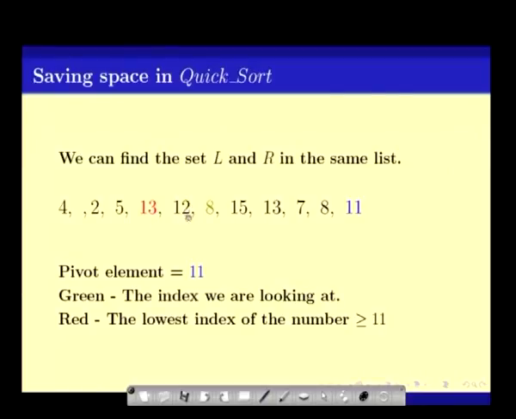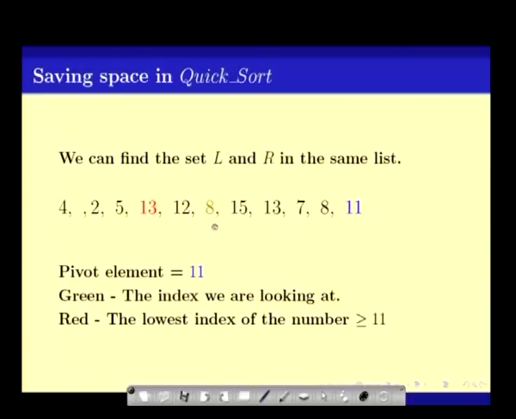Note again the same thing: here is the green marker and this is the set, split into two parts. The red marker to the green marker is greater than 11, and this part is strictly less than 11. Again we move the green marker to 8, and we find that this is less than 11.